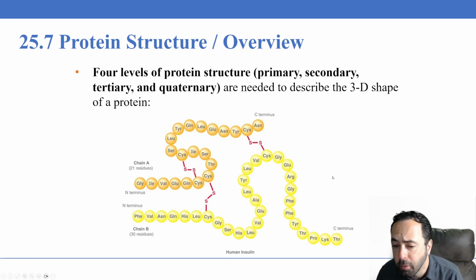Finally, when it comes to protein structure, the protein structure is not just determined by the sequence of the amino acids. That's one element of a peptide or protein structure.